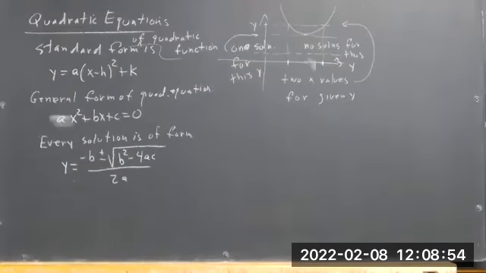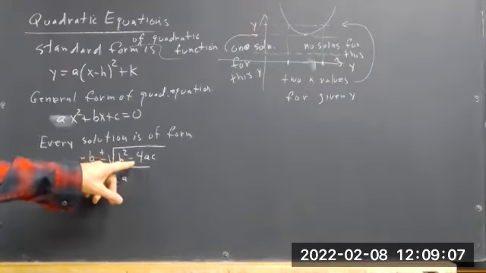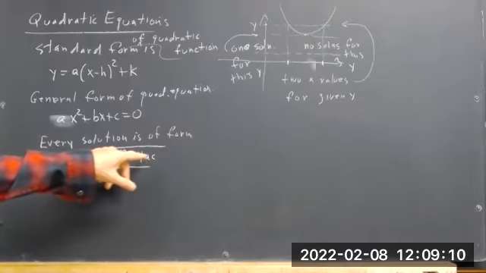It's called the quadratic formula. And notice that this square root contains a potentially negative term.